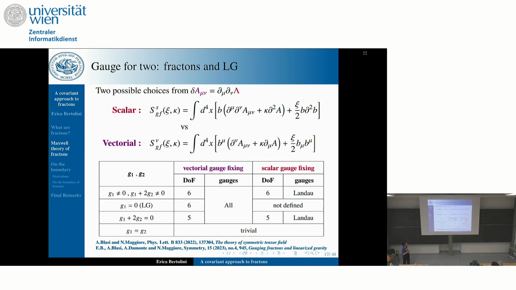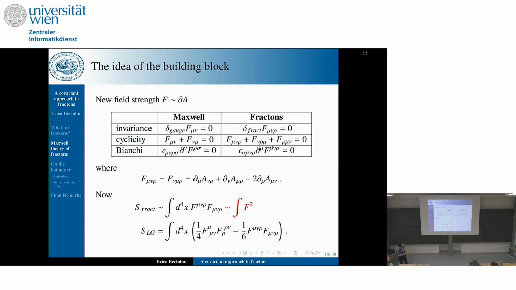Okay, so going on from that, one can think of building a Maxwell-like theory, like an invariant field strength for fractons. We want this to be invariant under the fractonic symmetry, and by just asking this, one lands on this configuration of the field strength, which is also cyclic and has a Bianchi-like identity.